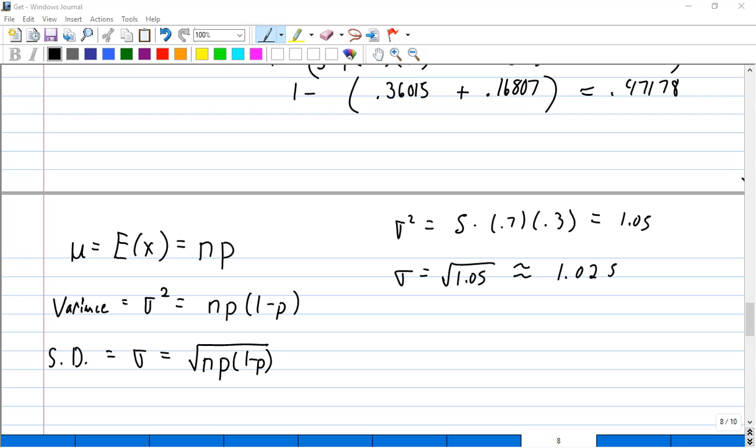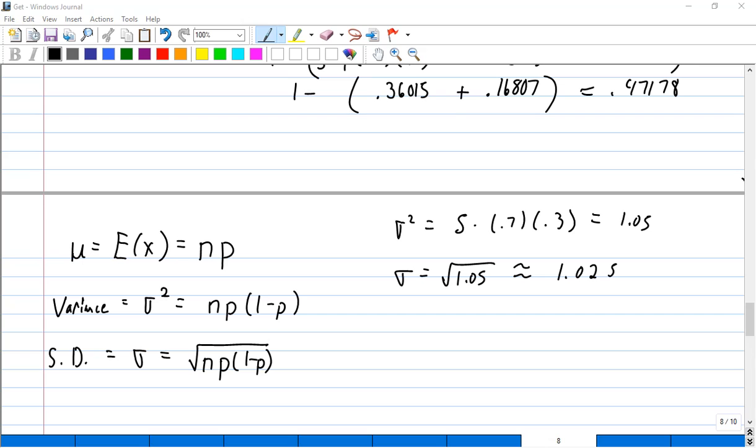All right. So moving along. All right, the main topic of this chapter that we're going over is all about discrete probability distributions.